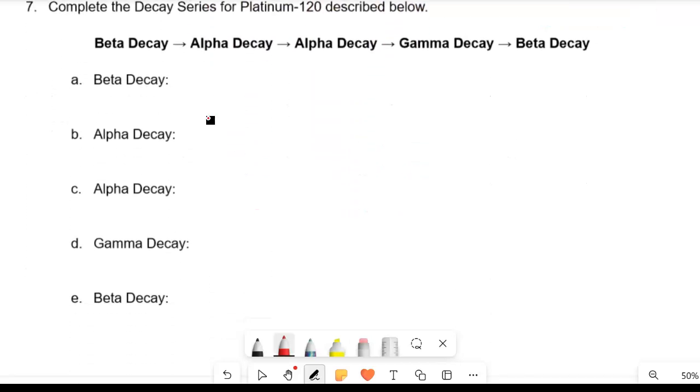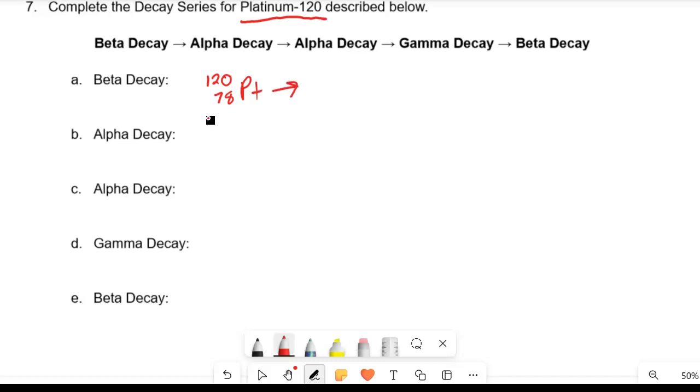Now let's do a decay series. So decay series means whatever product you end up with from the first decay, that's going to be your starting point for the next decay. So starting at the top, we're looking at the decay series for platinum-120. So we're going to start with platinum-120, and platinum is atomic number 78 on the periodic table.